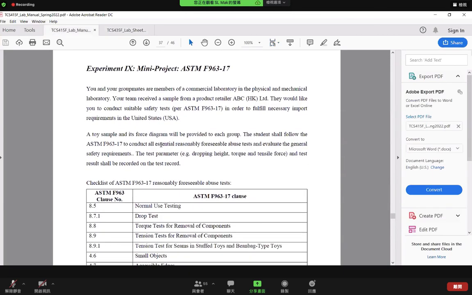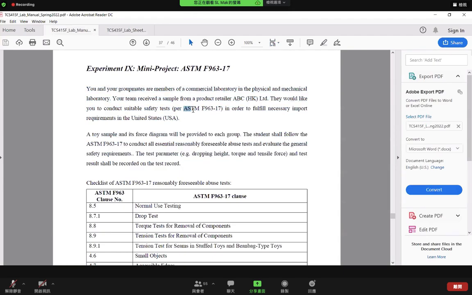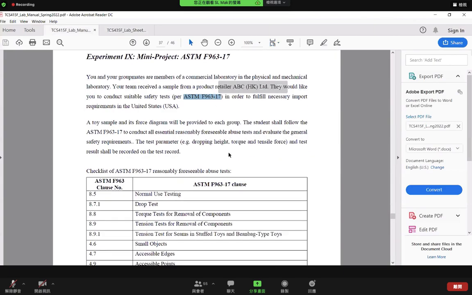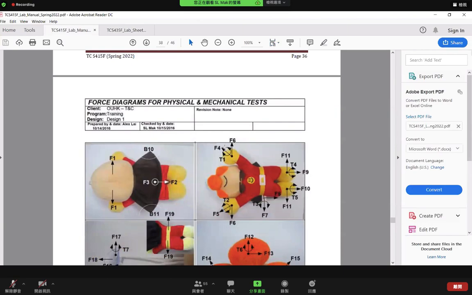And last one is a mini project. A plush toy will be provided to each group. You are required to follow ASTM F963 to apply the testing requirement and a build test.